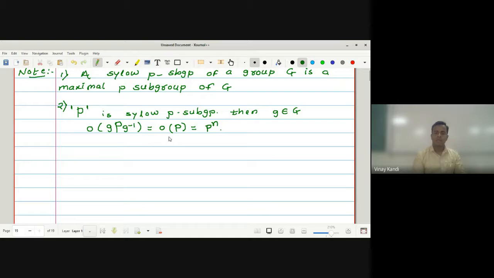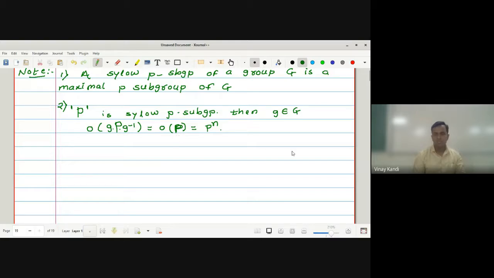Okay, this is the capital P. What will be the order of this PSSG, the Sylow P subgroup? It will be P raised to n. Now g P g inverse, what it means? The conjugate subgroup of this P.